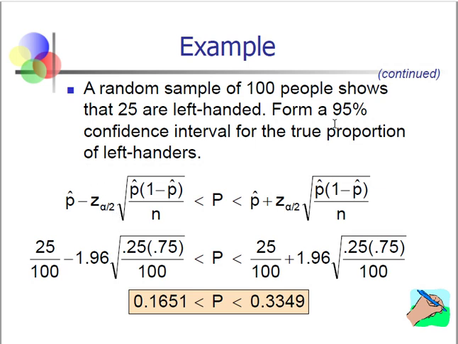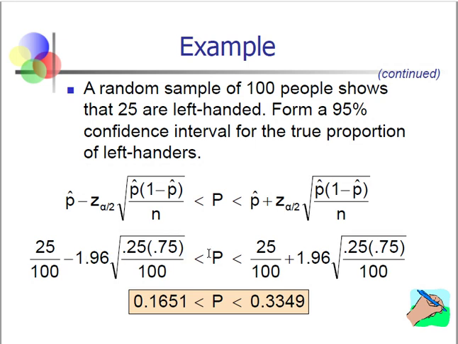Our confidence level is 95%. So alpha will be 1 minus 0.95, which is 0.05. Divide that by 2, find the critical value. Critical value will be 1.96.